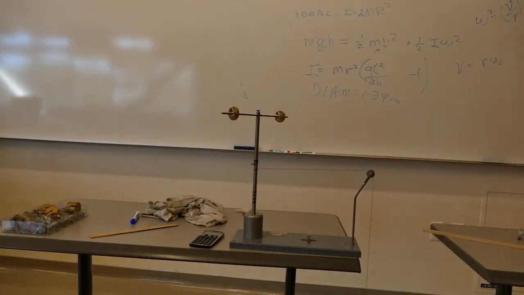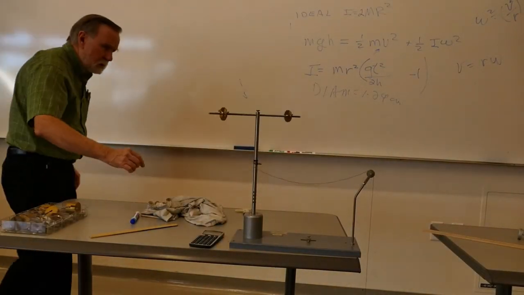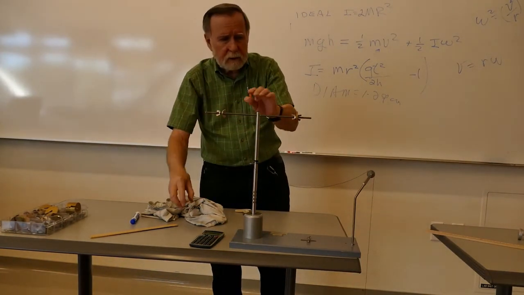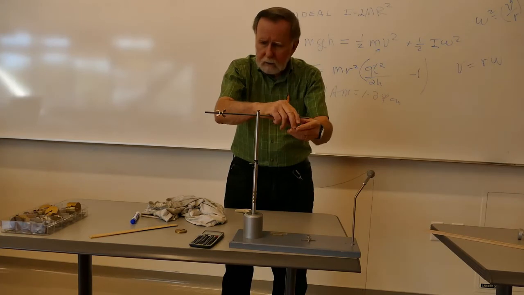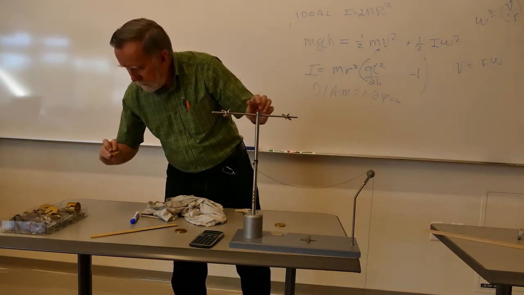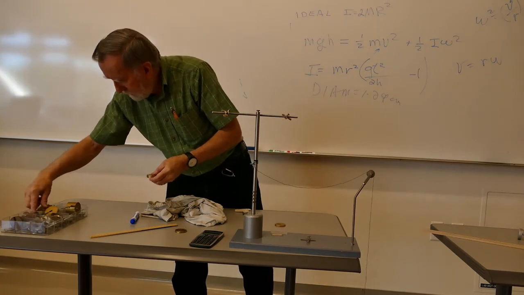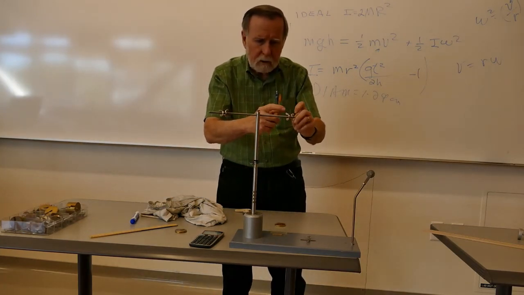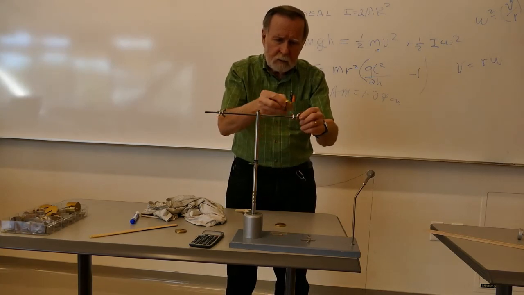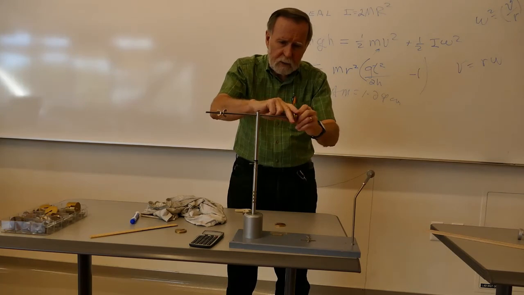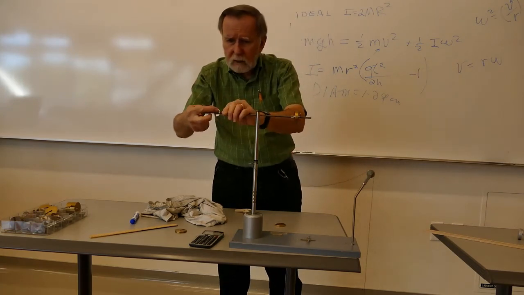Next, we're going to replace the 50 grams with 100 grams. You can see the trend of what we're doing here, right? 50 grams off, put 100 grams on. I'm going to try to unwind the wing nuts equally so the center of our mass stays 12 centimeters from the center of the rotating shaft.